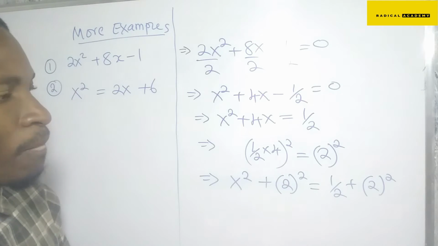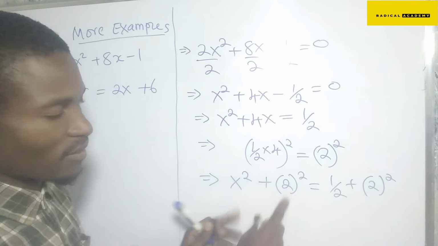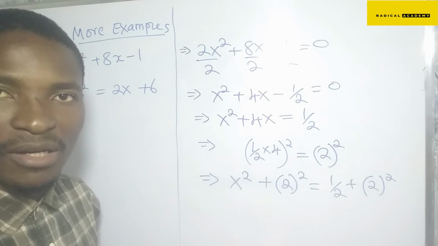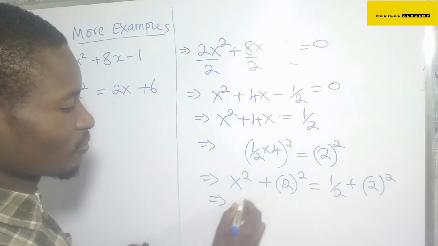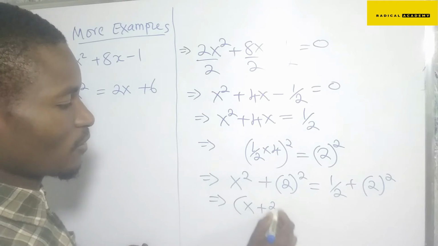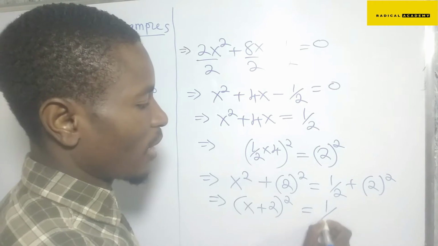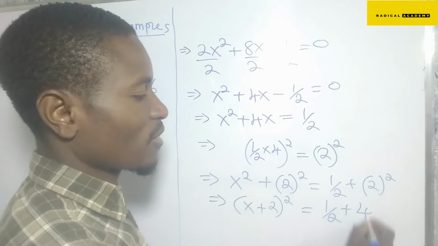So now you can see that I've got a square, so I can put these terms together and apply the law of factorization. So this is going to be x plus 2, then squared, and then this is going to be half plus 2 to the power 2, which is just 4.